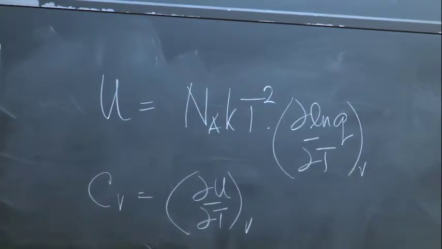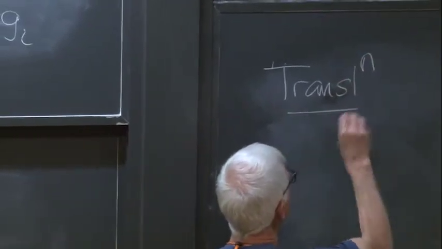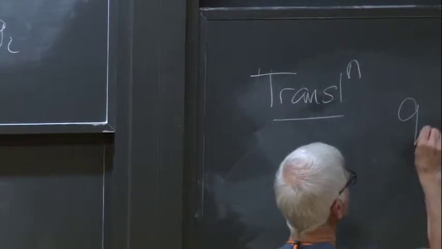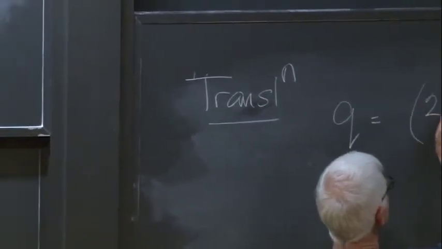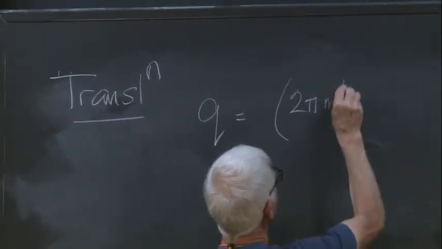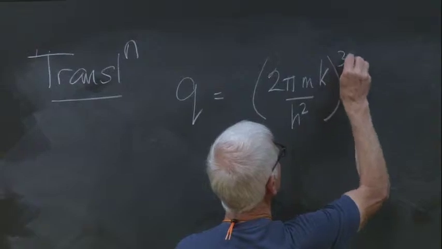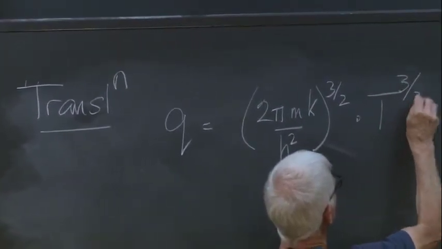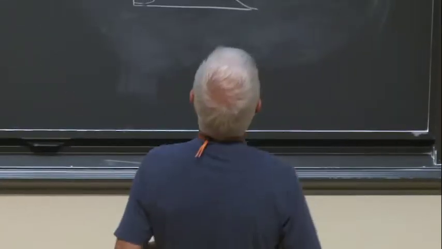If we start off with translation, then q is equal to, let's rewrite it slightly, (2 pi m k over h squared) all to the power 3 over 2 multiplied by T to the 3 over 2. Okay?